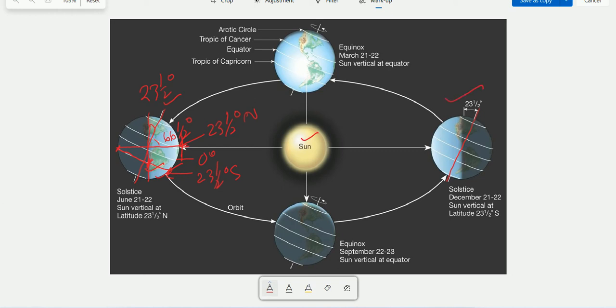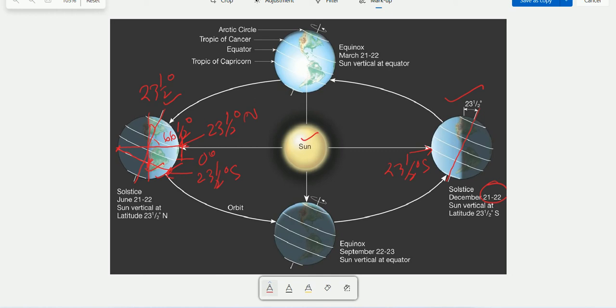Okay, and this is another condition, what I call winter solstice. It occurs on December 21 or 22. So on this day, the sun's ray is vertical on the tropic of Capricorn, that is 23.5 degrees south. So on the day of winter solstice, that is on 21 or 22 December, the sun's ray is vertical on the tropic of Capricorn.